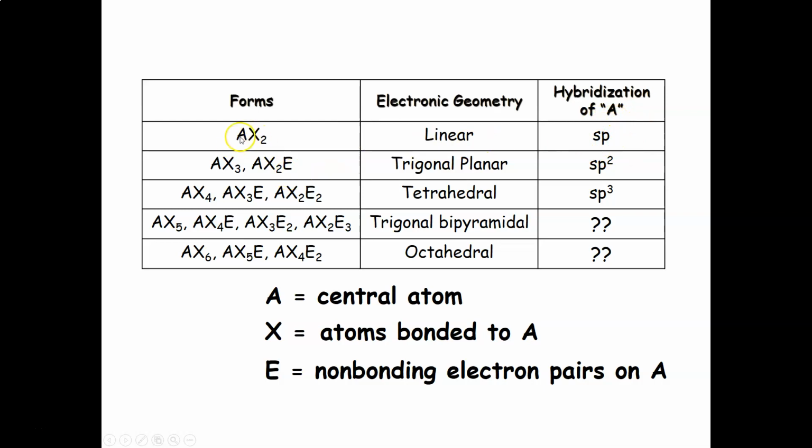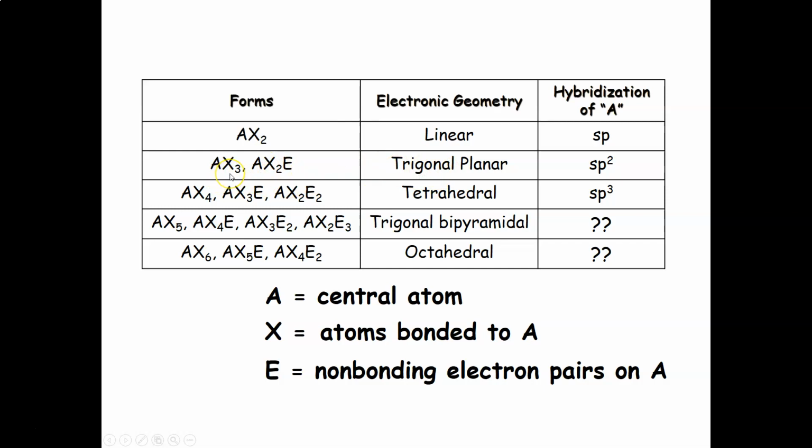In order for the A atom and the X atoms to bond with each other, they're going to take an s orbital and a p orbital, merge them together, and that's going to allow the electrons to form a bond inside that newly formed orbital. Okay, so you can see we can get the same shape with different combinations.